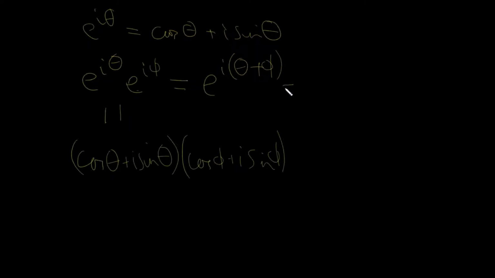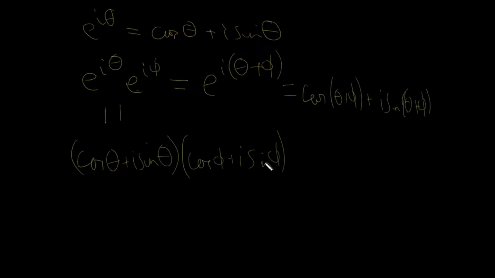And we could also re-express this as the cosine of theta plus phi plus I sine theta plus phi. Now all of these expressions are equivalent to each other, so this product of brackets is equal to this sum of cosine and sine terms.